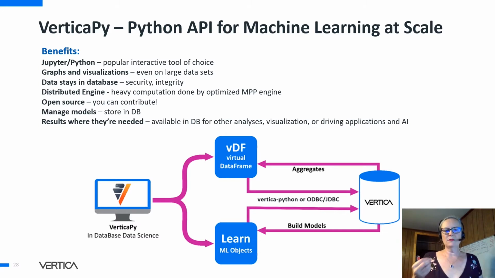The virtual data frame looks and works just like a data frame, like you're used to, but it never actually goes into memory on your machine. It never leaves the database. It stays in the database. So all of the work that you're doing on the data, including training your algorithms, every step up to that, and then using them to predict and evaluating them, every step along the way is going to be done inside the database.